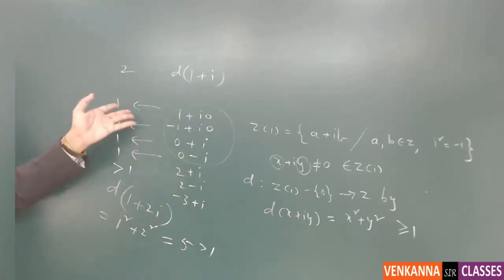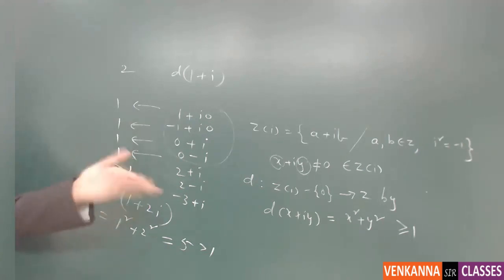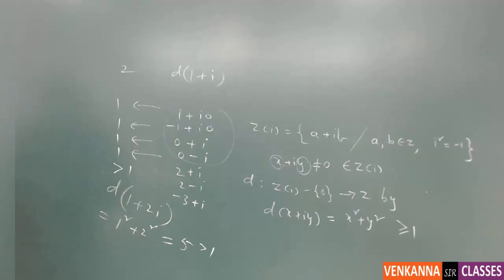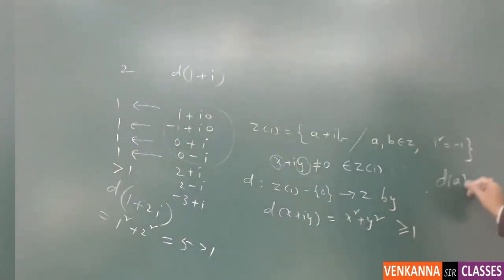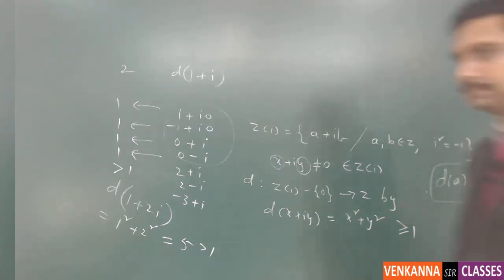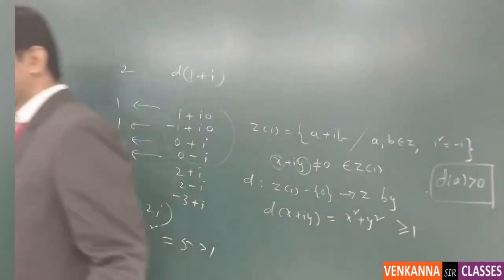You will not get a negative value, and you will not get 0 also. Accepted? Unless the input is 0, the output will not be 0. So you can say that always d of a is greater than 0. This condition is satisfied. Accepted all?